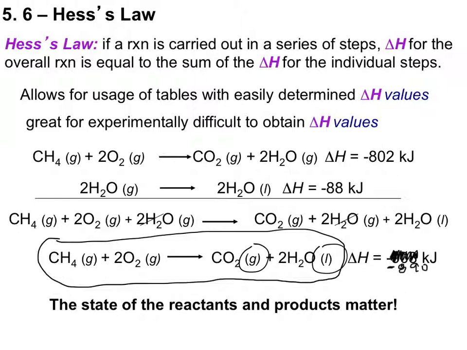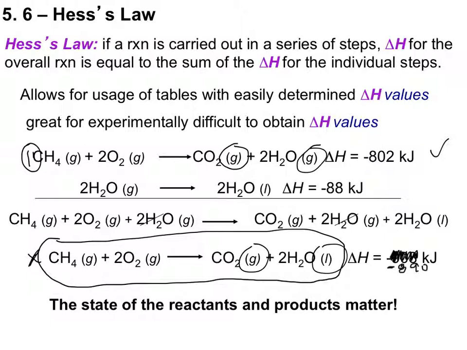Now, we might have the delta H value for that specific reaction with CO2 in the gaseous state as we desire, but with H2O in the gaseous state. With that being looked at, we notice that reaction 1 up here is not the same as the reaction that we desire down here.